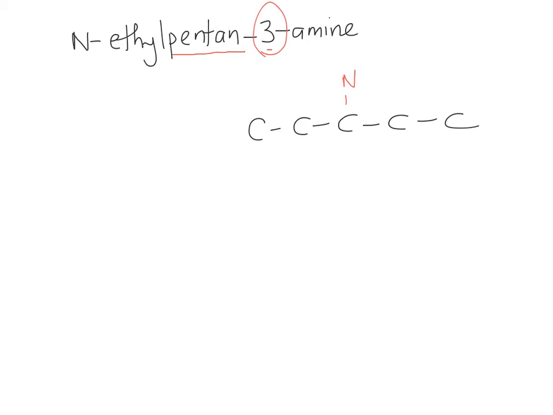Attached to this N group is also an ethyl group, which means it also has an H, because there's no other N prefix. So this has an ethyl group attached.